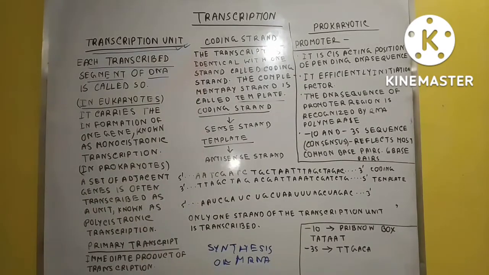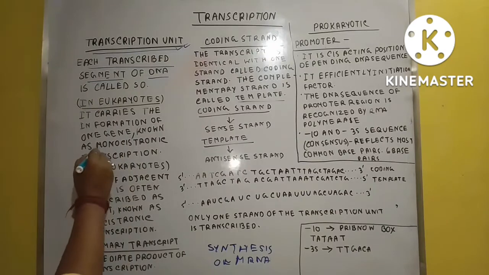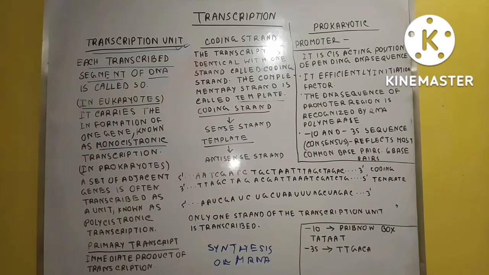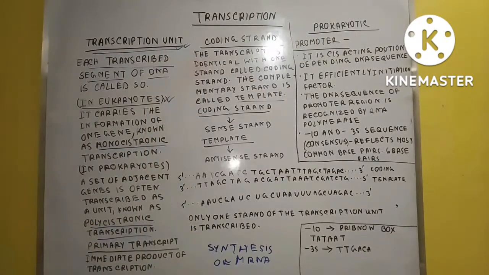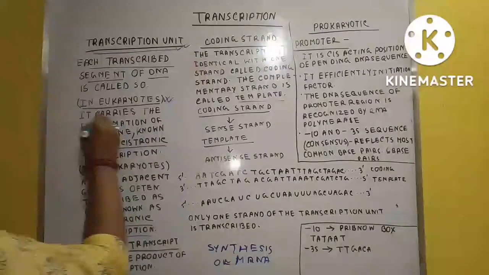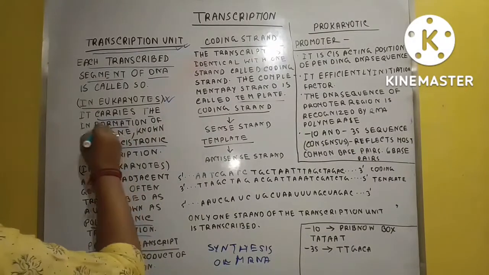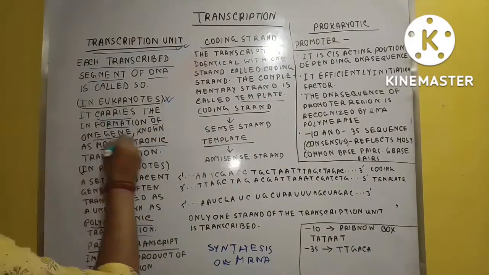Clear? Next, we have to learn what is called the monocistronic transcription and what is the polycistronic transcription. The monocistronic transcription is generally seen in the eukaryotes, and here it carries the information of one gene.